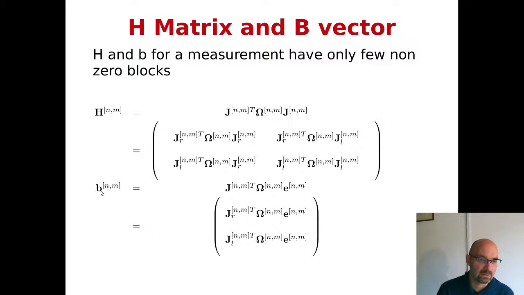Similar for the B vector. Well, this is even easier to see, because if you consider that the Jacobian has only 2 dirty blocks, once you multiply it by an omega and a vector which are dense, you will find in output the same structure of J, the same fill-in of the rows of J in B.